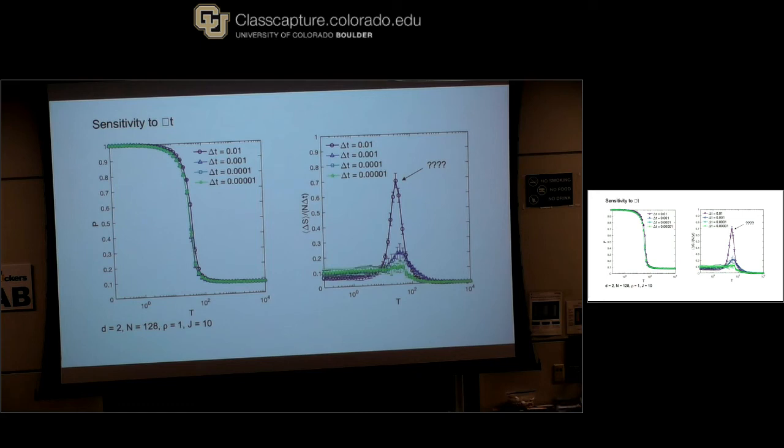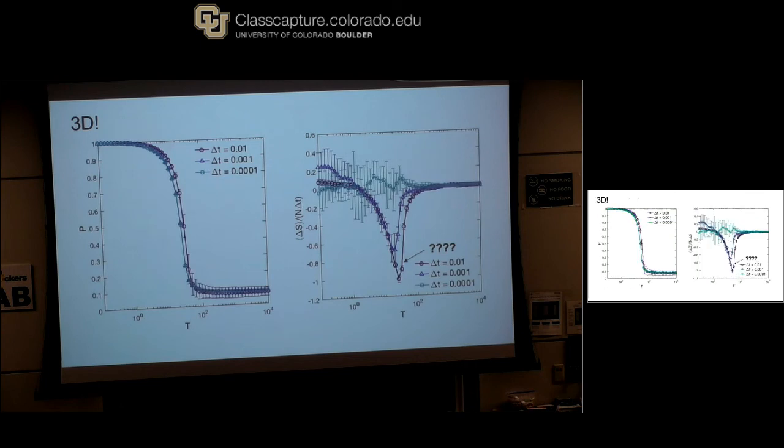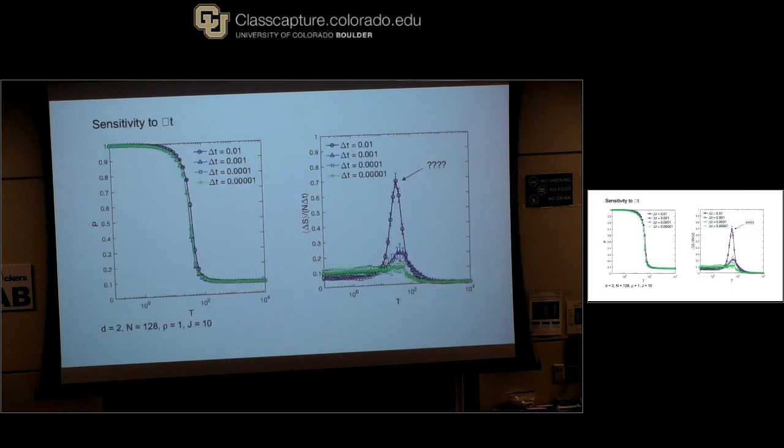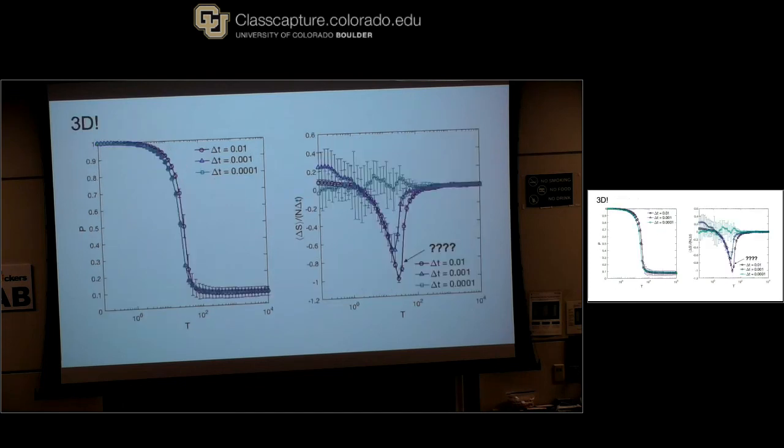This is in 2 dimensions. In 3 dimensions, we were getting a negative peak, so the system was absorbing entropy at the phase transition. But that too, as you crank down the time step, seems to go away. We had pretty poor statistics here, but if we continue this, we want to run more. But yeah, on to other things.